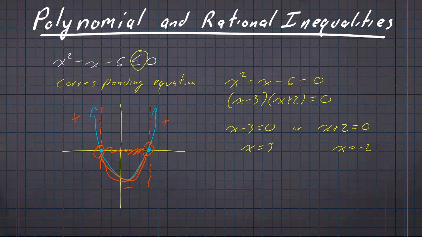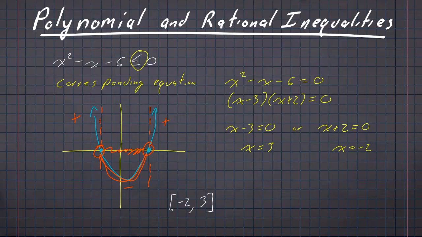We're looking at less than or equal, so I will include the points where the function is equal to 0, and we can write the solution set as the set from -2 to 3. In interval notation, closed brackets mean include that endpoint. Given a quadratic inequality, where we can graph the function, we can figure this out pretty readily.